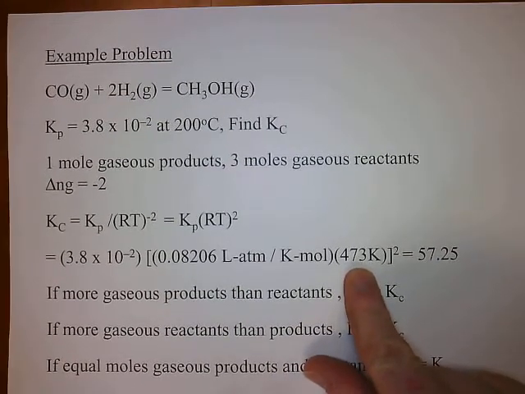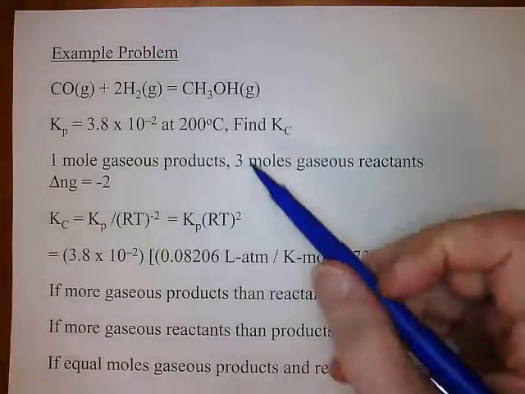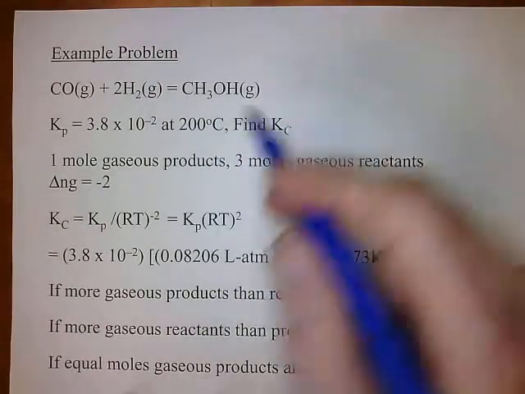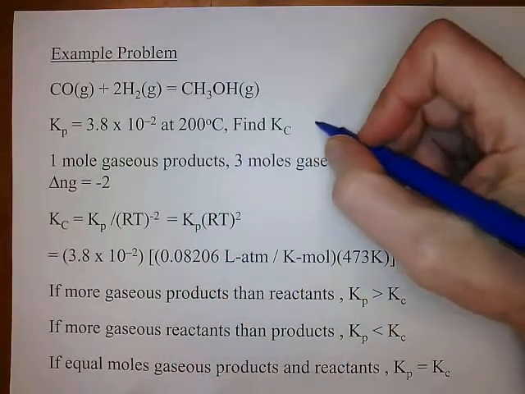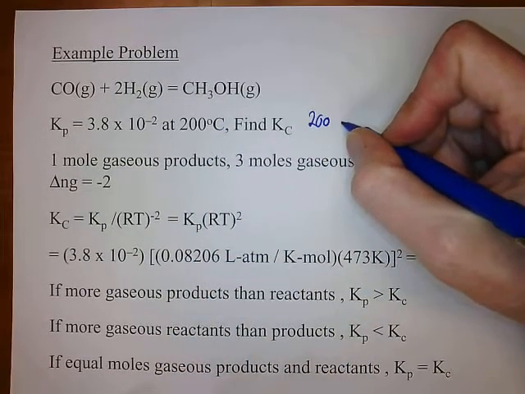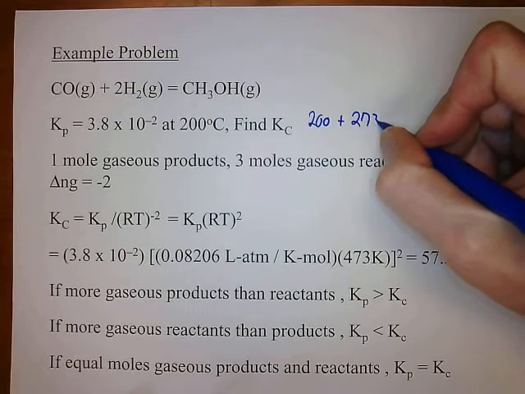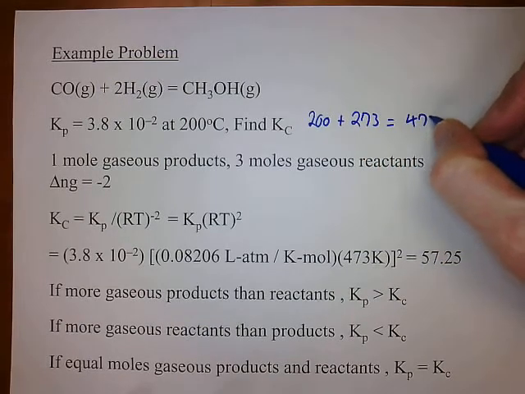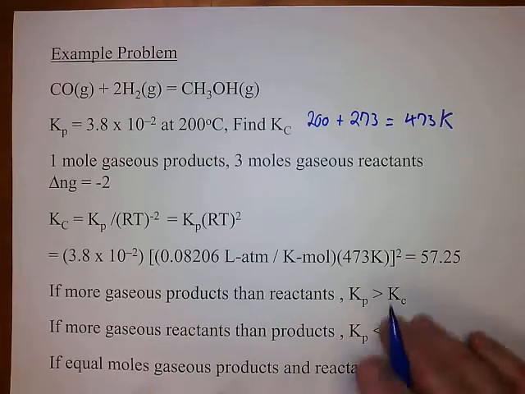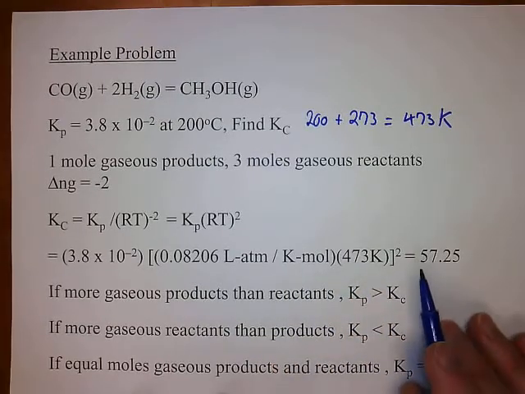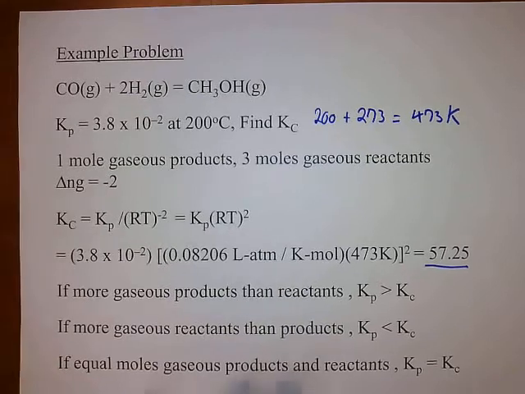The temperature has to be converted into Kelvin. To convert Celsius into Kelvin, you add 273, so 200 Celsius plus 273, that's how you get the 473 Kelvin. Multiply, and it comes out to be 57.2.